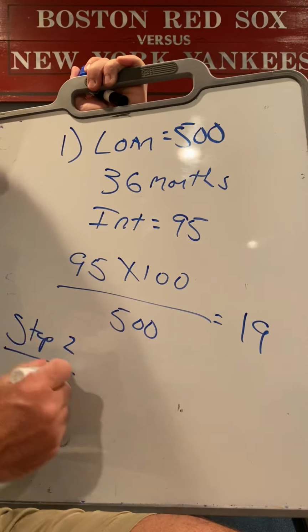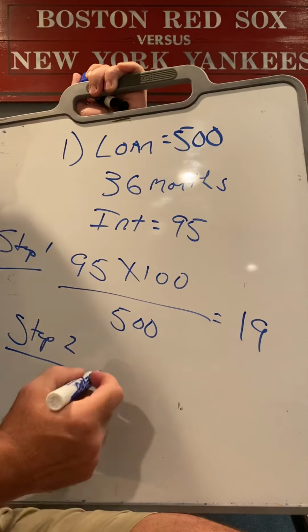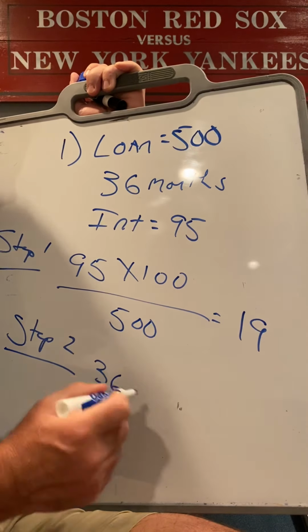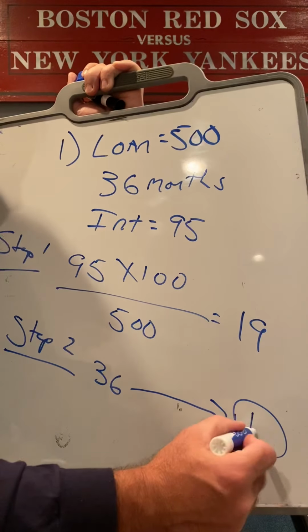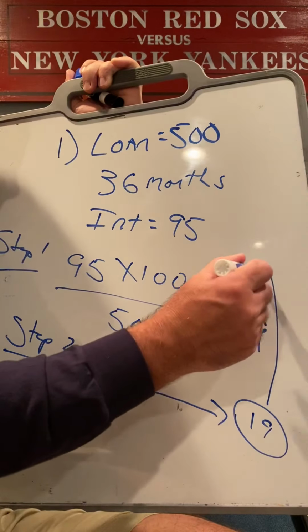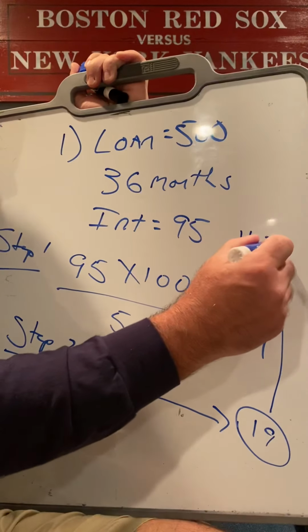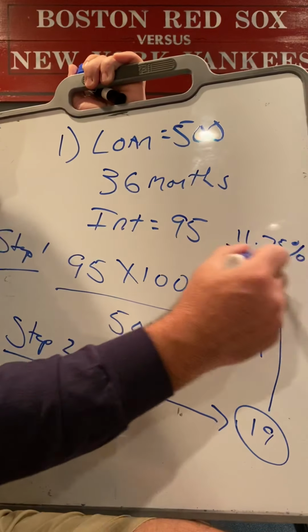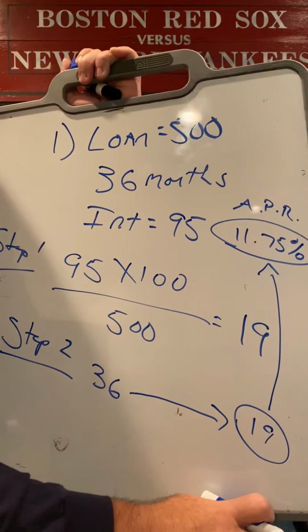So step 2, you're going to use 36 months, go to the table, find the value closest to 19, and when you go up and you look for that interest rate, it's going to be 11.75%. So the APR for this problem is 11.75%.